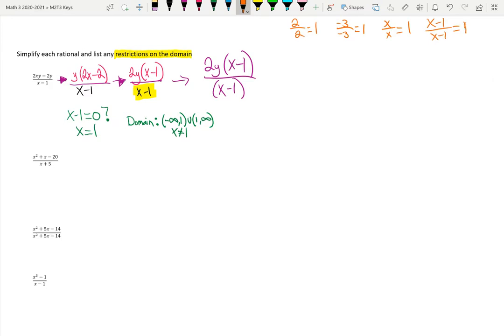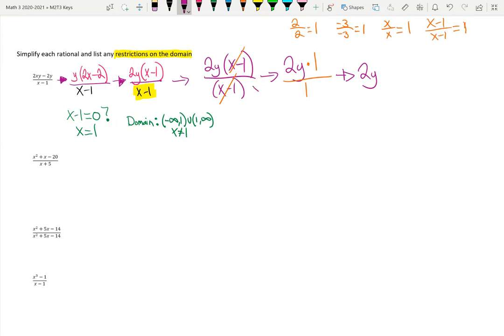I do want to point out that some of you might think that they disappear, but that's not actually what happens. Yes, they cancel, and I'm left with just 2y, but actually it's left with times 1 over 1 as a result of the division, and then it cleans up to be 2y.